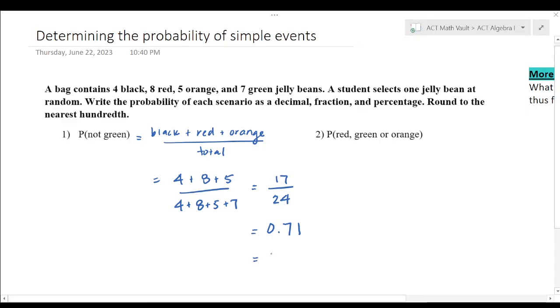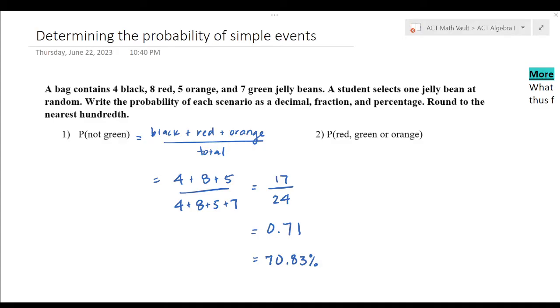And the percentage technically is 70.83%. Technically, probability is usually written as a fraction. I did not want to only do a fraction in case for some reason your answer options were reported as percentages or something like that.